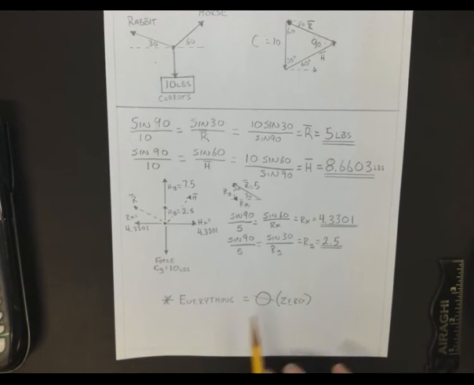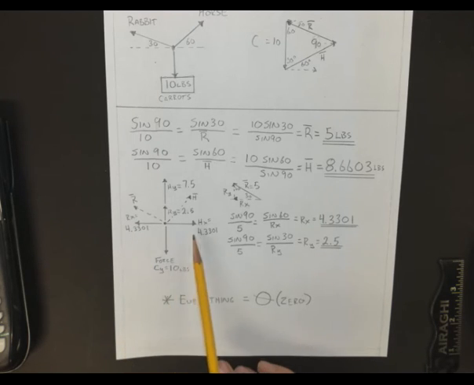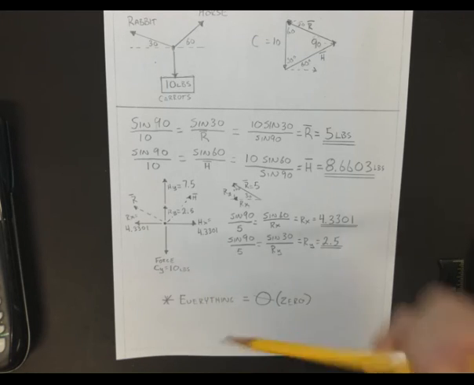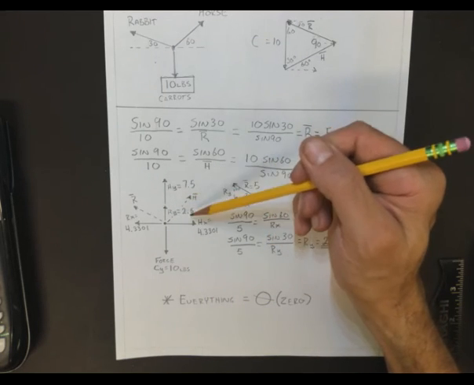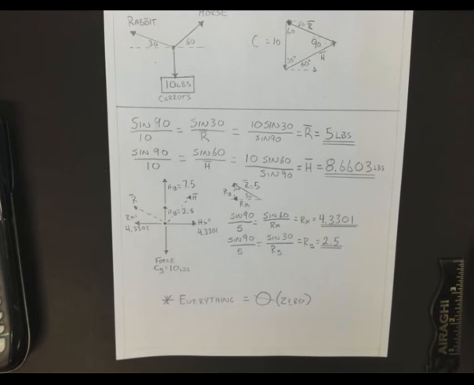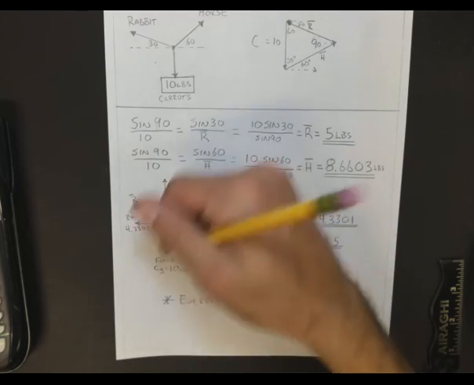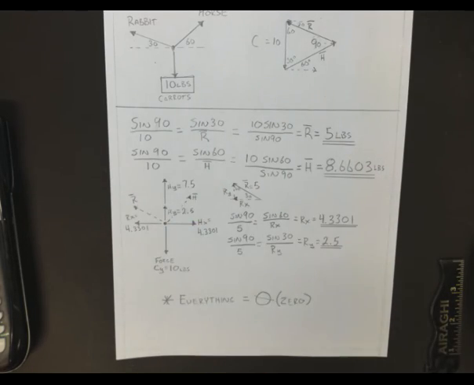Everything equals 0. I know I did a theta symbol, but whatever. Everything equals 0. That is pulling this direction at 4.3301. This is pulling in that direction, 4.3301. And this is pulling 10 in this way, and this is pulling 10 in that way. So everything at this point is now equal to 0, because everything is pulling in an equal fashion.